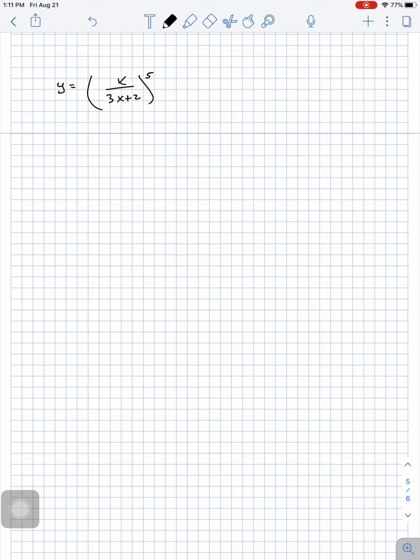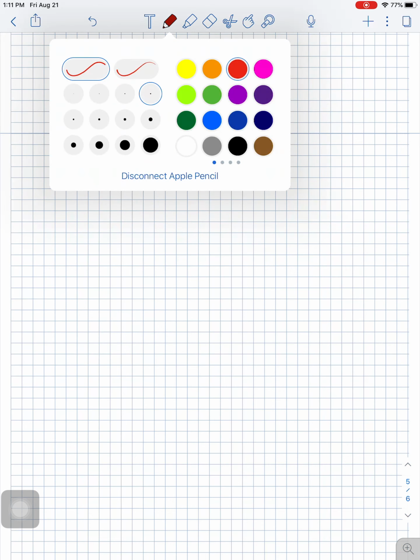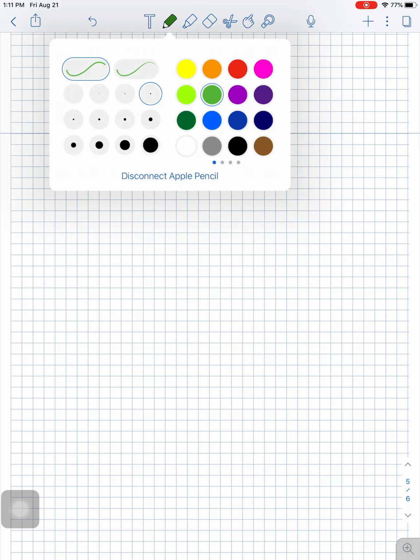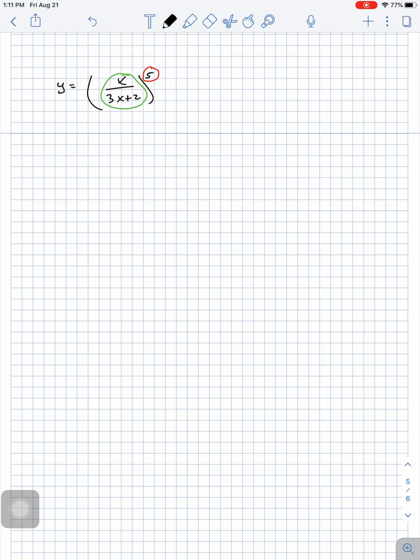Okay, there's two ways to do this problem. One is to identify this as the outside function and this as the inside function. The other way is to break up the power and make this x to the fifth over 3x plus 2 to the fifth.